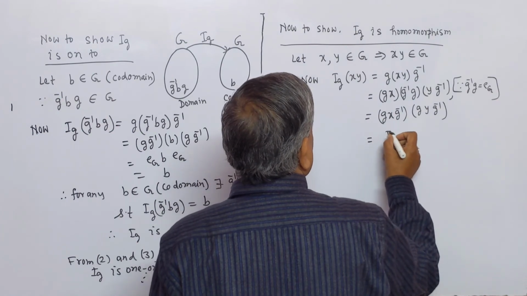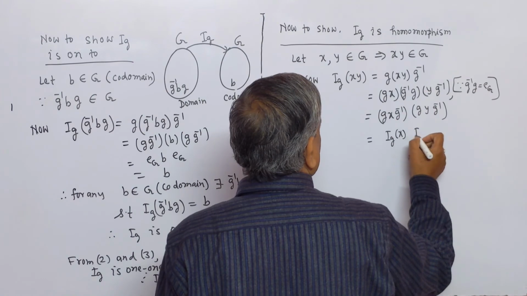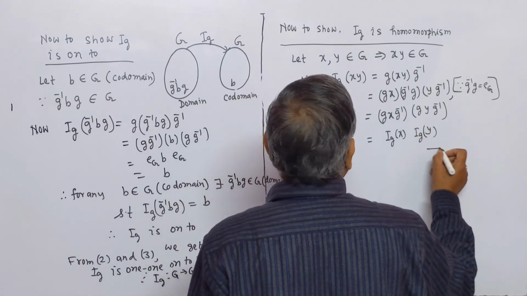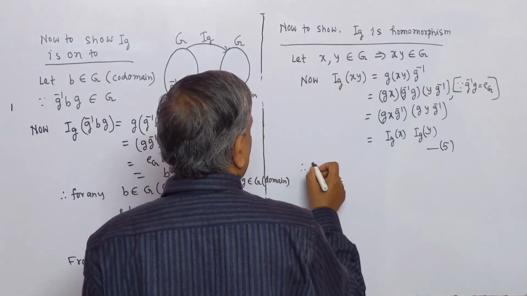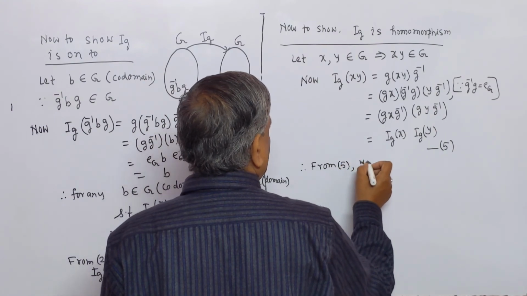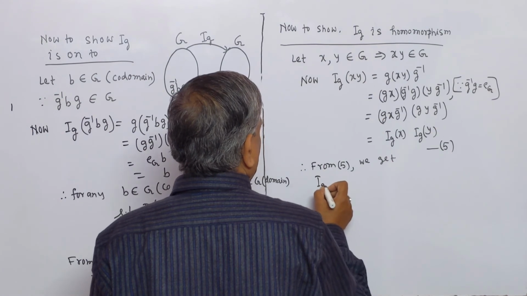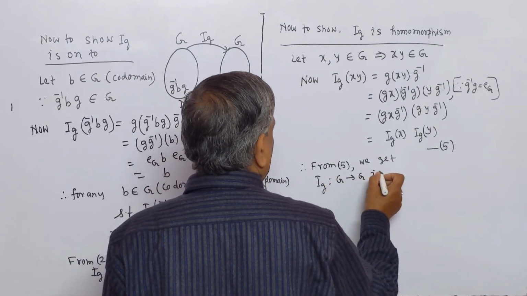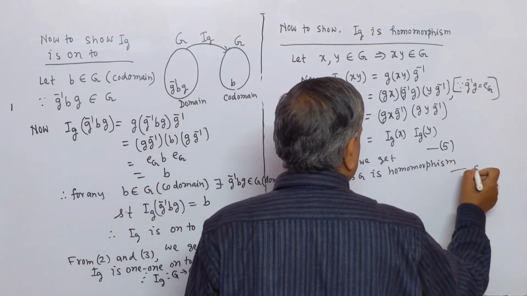This is I_g x and this is I_g y. This is number 5. Therefore, from 5 we get I_g defined on G into G is a homomorphism. This is number 6.